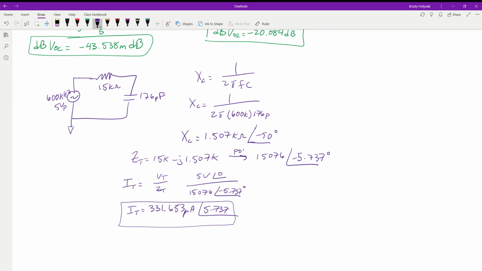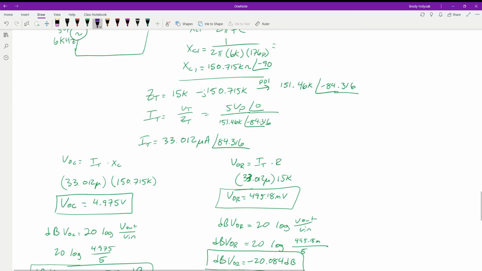So there is our current and there is our capacitive reactance. Those are the big things we want to look out for, so let's add them to our chart.